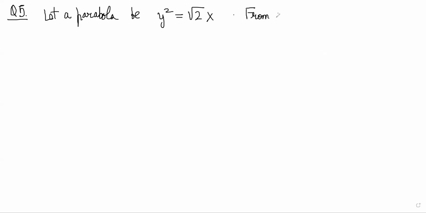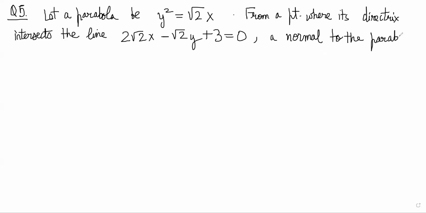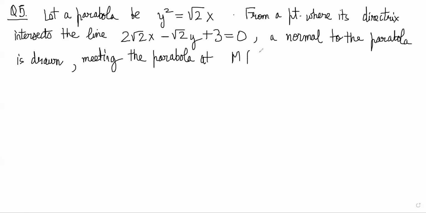Now from a point where its directrix intersects the line, the line equation is 2 root 2 x minus root 2 y plus 3 equals 0, a normal to the parabola is drawn, meeting the parabola at M, which is the foot of the normal, and at N.